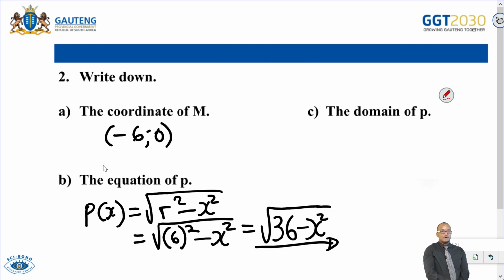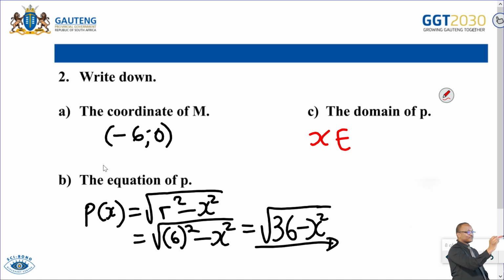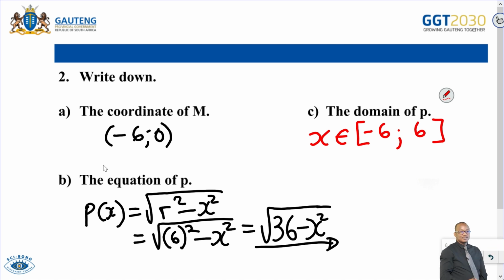So now, when we write the domain of this graph, we're going to say x is an element of the square bracket, because the values of negative 6 and 6 are included. So now we start with the smallest one, which is negative 6, and then it ends at 6.